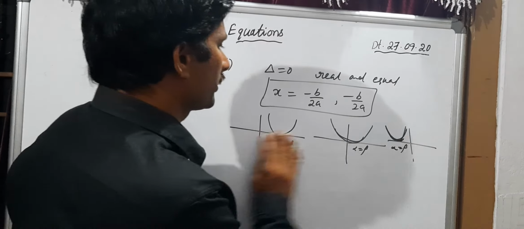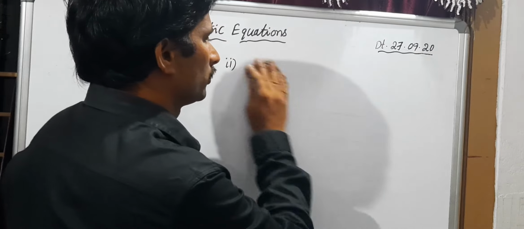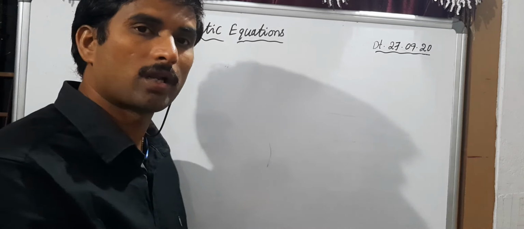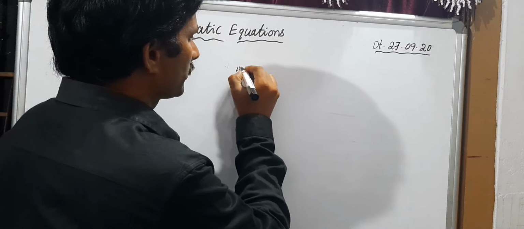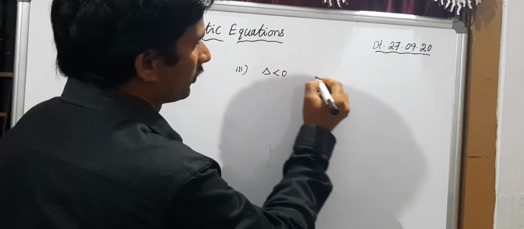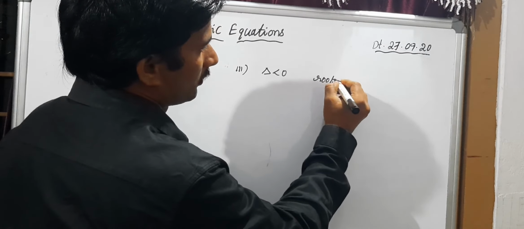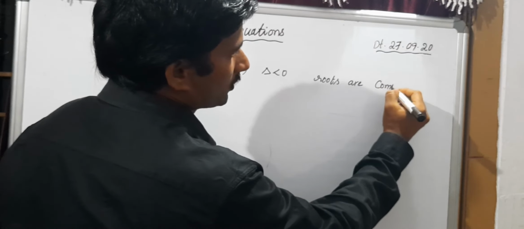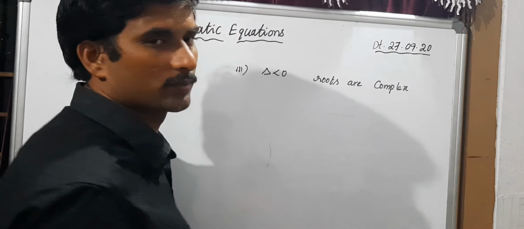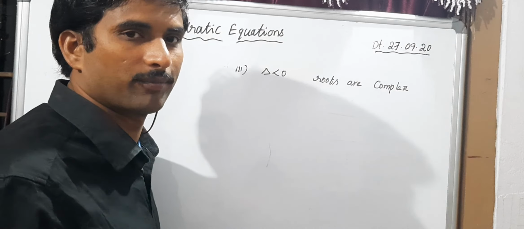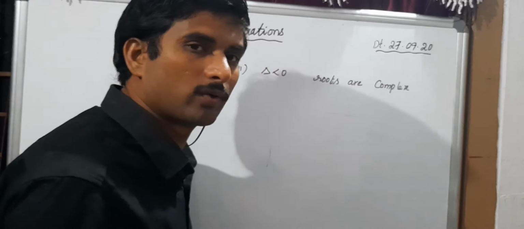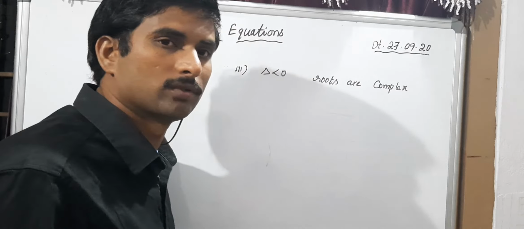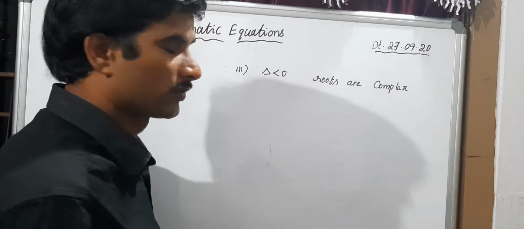The last case is whenever delta is less than 0, the roots are complex roots or imaginary roots. Complex roots are in the form of a plus ib. Whenever delta is less than 0, the given quadratic equation has no real roots, and it contains complex roots.